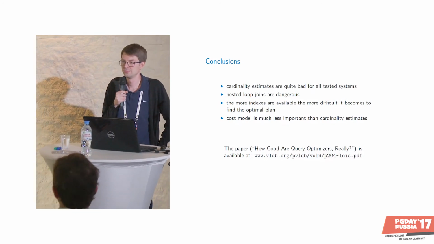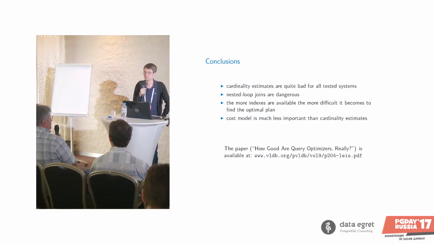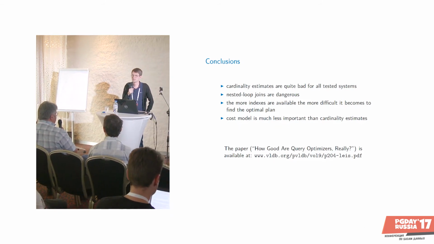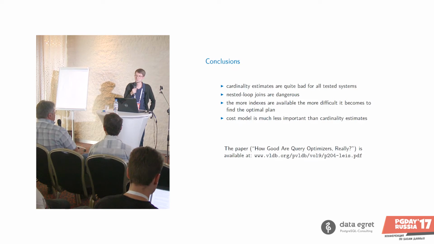From your talk, you mentioned the independence assumption, and if you have a systematic underestimation, it's quite likely that this is the cause. Yes, you're absolutely right. Coming from Oracle, we have column group statistics, which deal with the independence assumption.